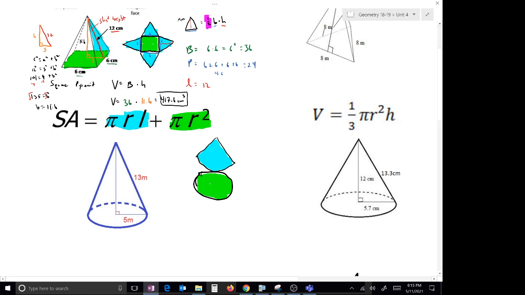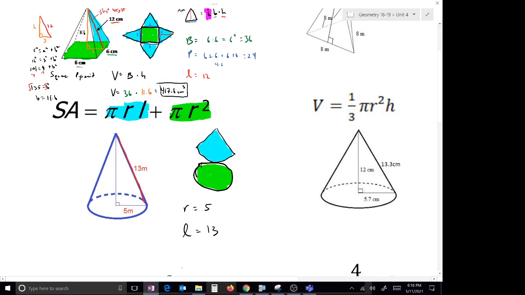Okay, so you only need 2 things. You need your radius, which in this case equals 5, and you need your slant height, which is 13. And again, be careful of the difference between slant height and actual height. Slant height is going down the side of our cone. Height with an H would be going down the middle.